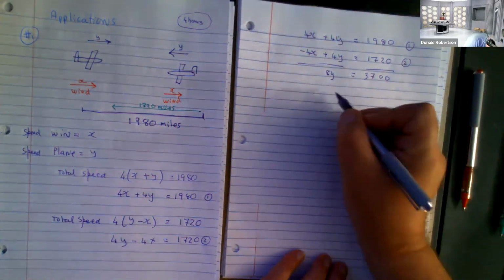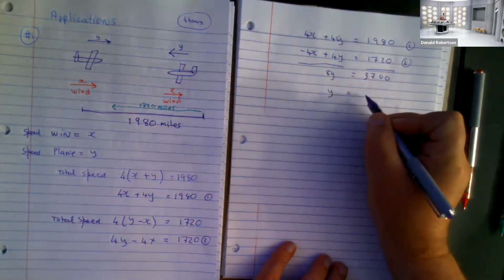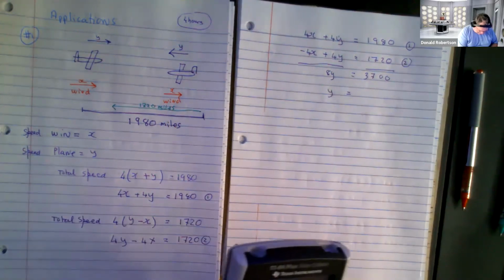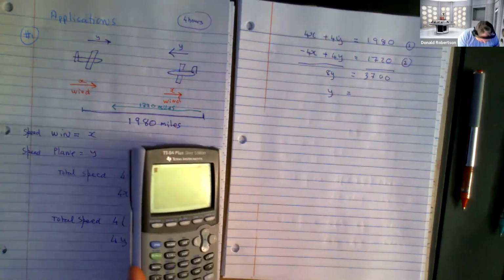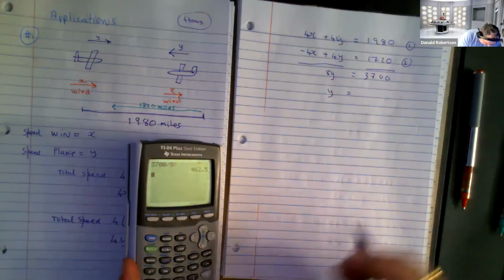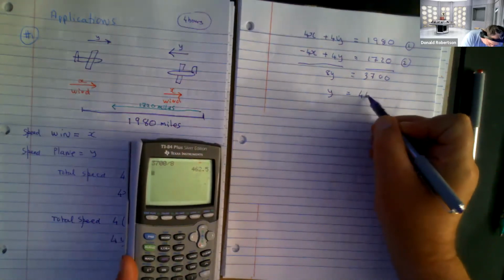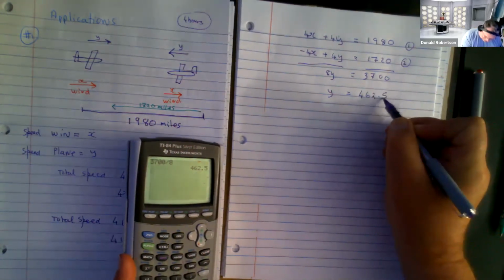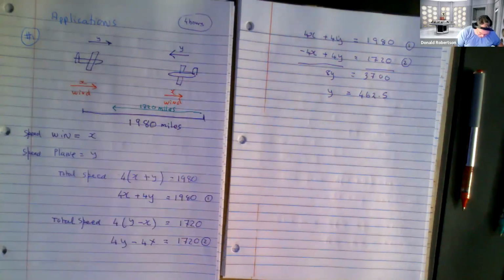And so I can now divide both sides by 8, which is what my calculator is for. If you take 3,700 and you divide it by 8, you get 462.5. That's what y is equal to.